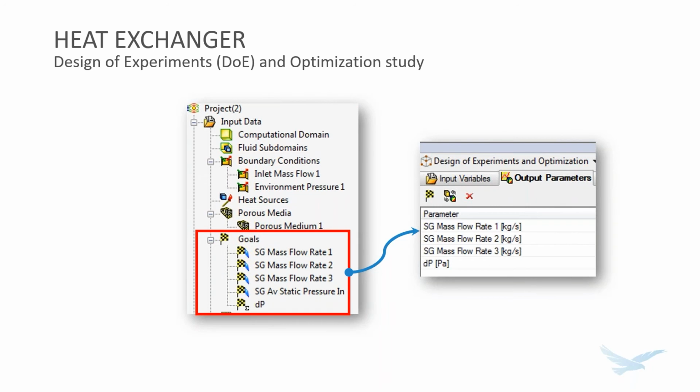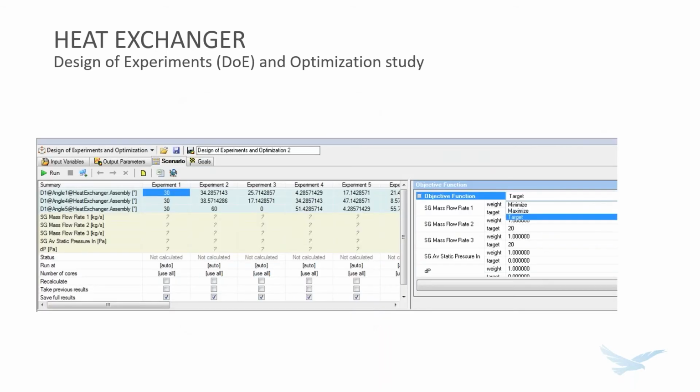Again, same thing here. I'm going to take advantage of goals that give me specific information for what I'm after. So in our case, pressure drop and mass flow rate through the system. I can monitor those as part of my design of experiments study. Now, what we're going to do in the software is actually take those measured values that I've specified, and we want to target something specific.